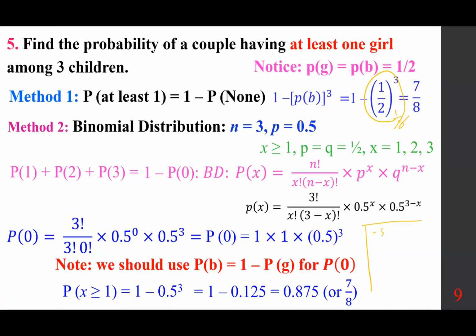If we assume the probability of a G is 0.6, that means the probability of B is 0.4. Those are the values that we have to use in case, okay? So I want you to be very careful when you do your calculation.